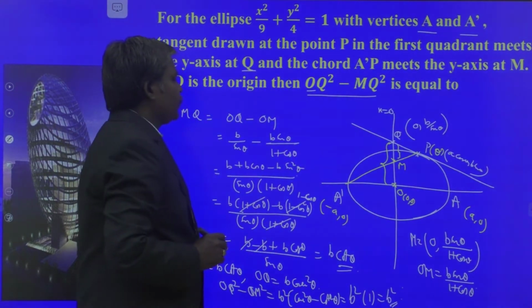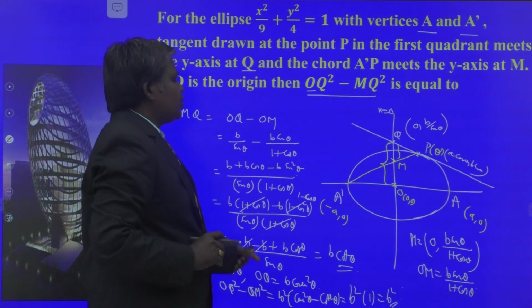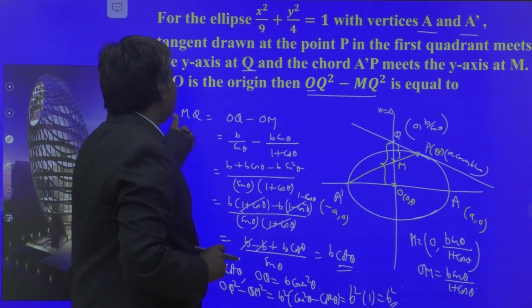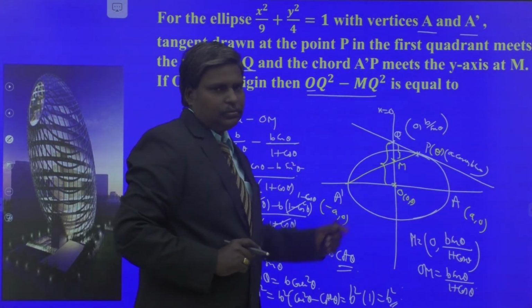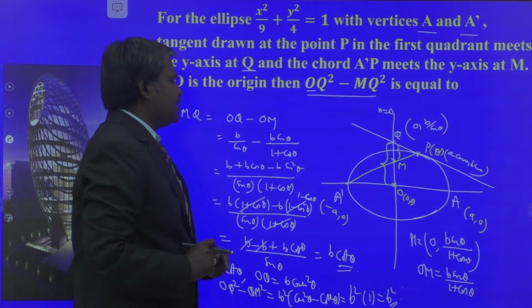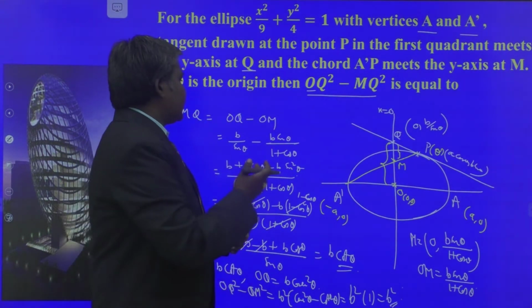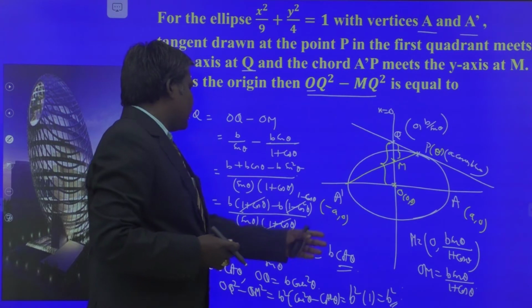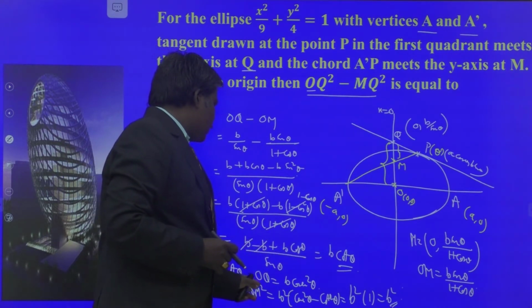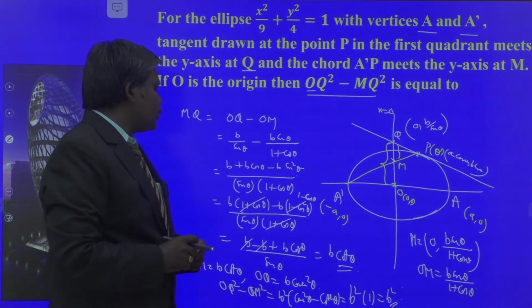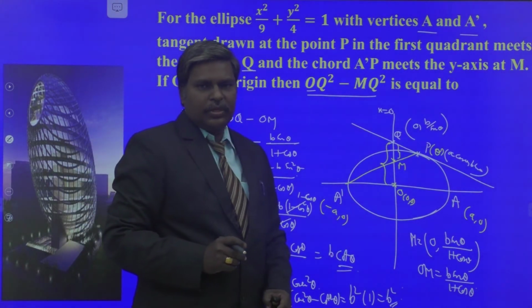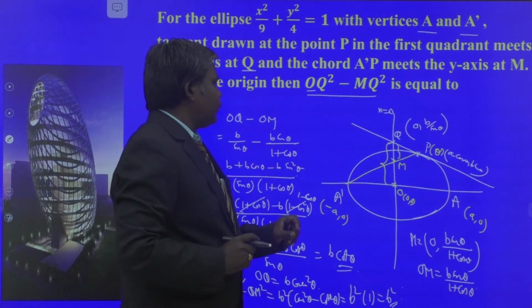This is the way. It is also a simple question. By finding the value of MQ, with a little bit of calculation, after getting the coordinates of M and the MQ distance, we can easily write OQ square minus QM square as b square.